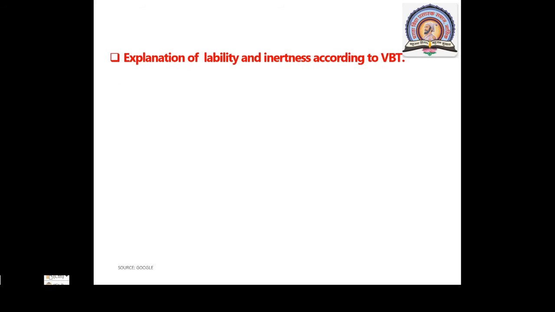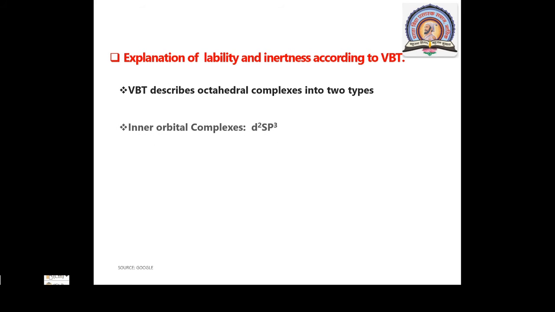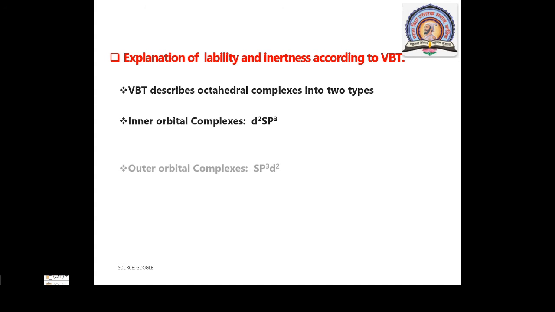So here is the explanation of lability and inertness according to VBT. VBT describes octahedral complexes as two types: inner orbital complexes, that is d2sp3, and outer orbital complexes, sp3d2. Let's see inner orbital complexes. These complexes have d2sp3 hybridization.